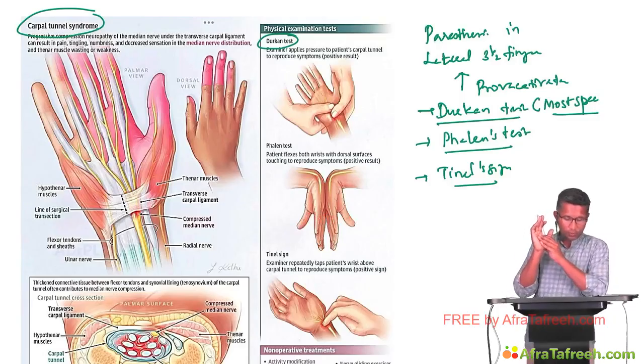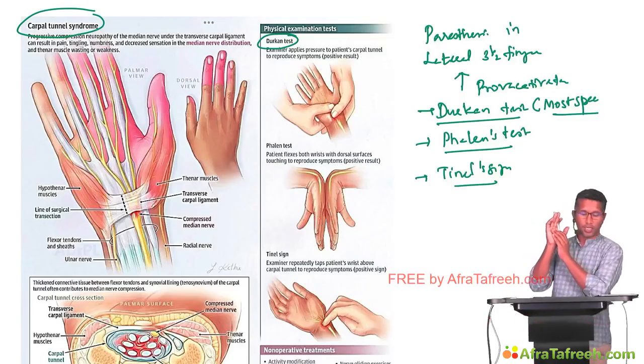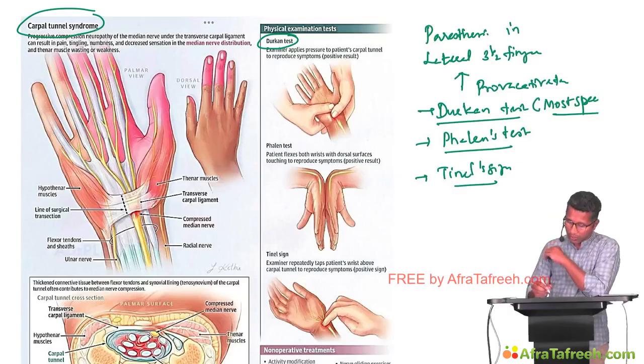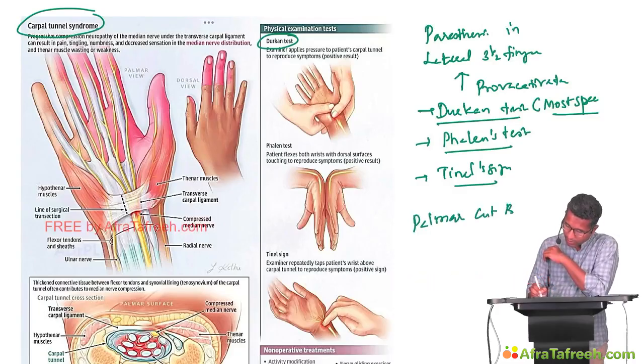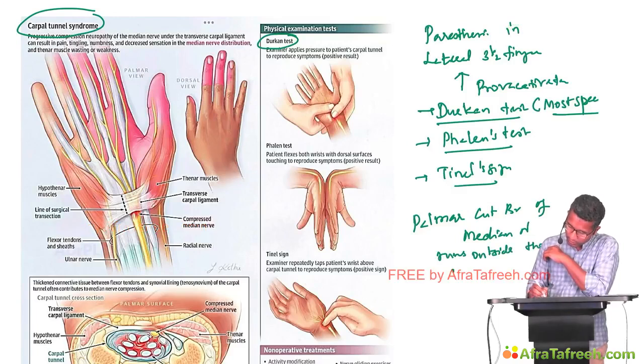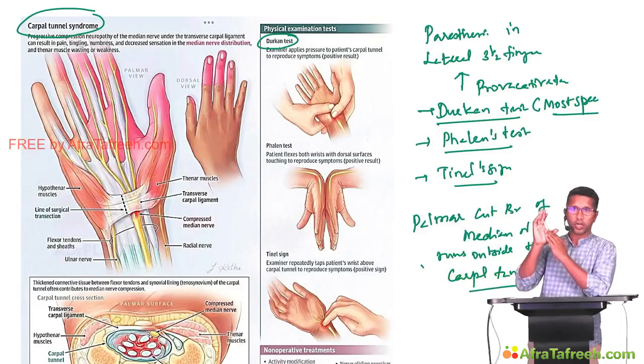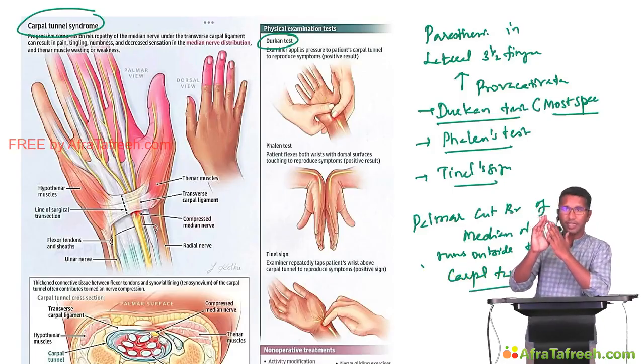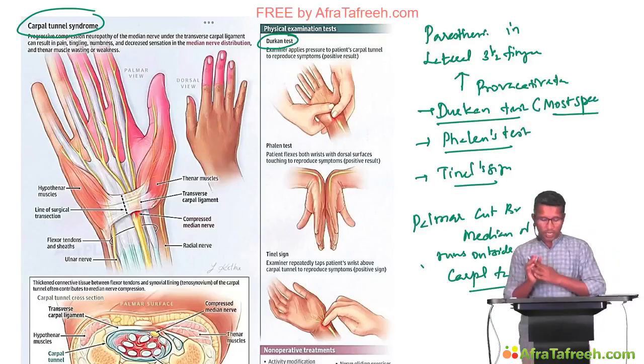It is because there is a nerve called the palmar cutaneous branch of the median nerve, which runs outside the carpal tunnel. So it is not involved in carpal tunnel syndrome. The lateral half of the palm is not anesthetized, only the lateral 3 and a half fingers. So this is carpal tunnel syndrome.